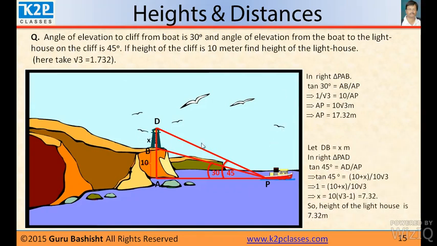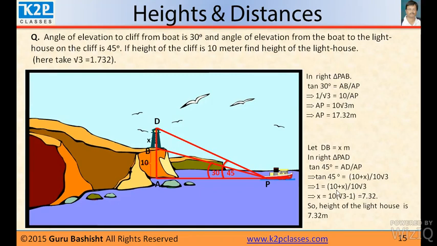So now in the bigger triangle PAD, this is 45 degree. So tan 45 degree is equal to height by base, so AD by AP. Now tan 45 degree equal to 10 plus X, because this height is 10 plus X, by AP. AP we have already derived, 17.32.